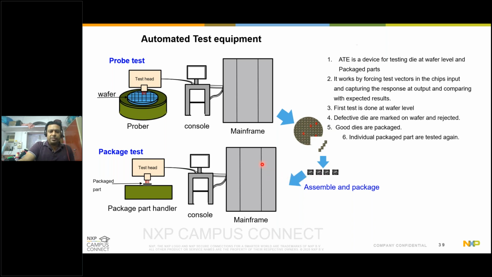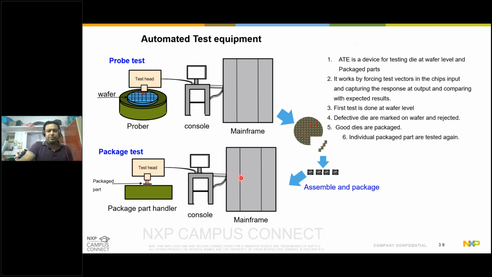Again, the same test equipment would be used, but this time instead of a prober, you will have a package part handler, because now you are dealing with a package part. Similarly, through a test head, you will apply all the patterns stored in this mainframe unit, and you will capture the response and do the testing.